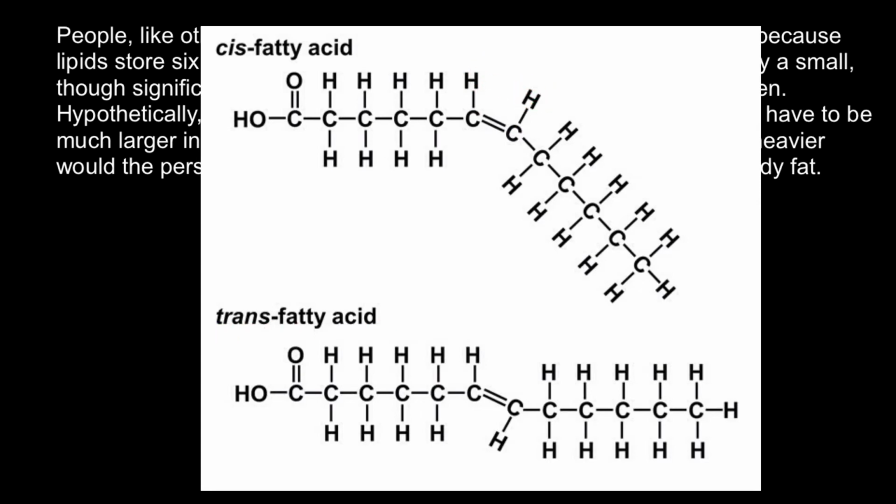And a trans fatty acid would be when 2 adjacent carbons that make a double bond have hydrogens on different sides. Usually in living organisms we find fatty acids in their cis form, and the trans form we can find when we use oils in order to make fats.